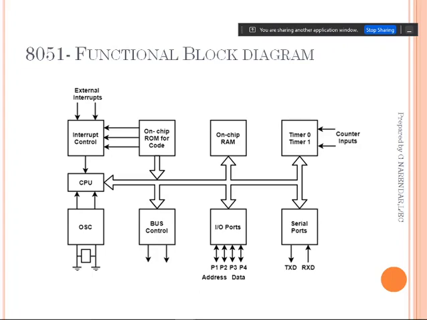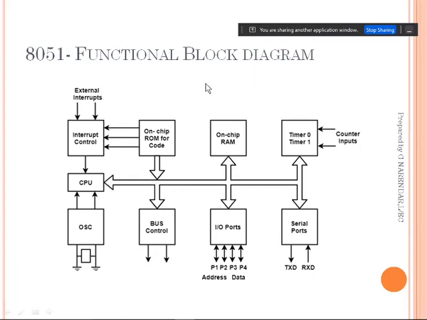You can see what the important functional blocks are and how they are connected by connecting wires inside your IC. That is shown as a functional block diagram, so just go through it to see what is present.